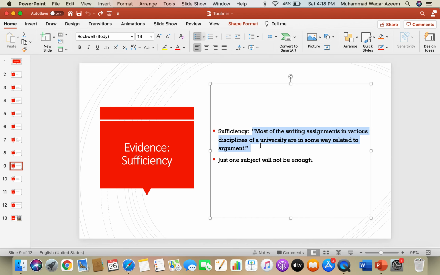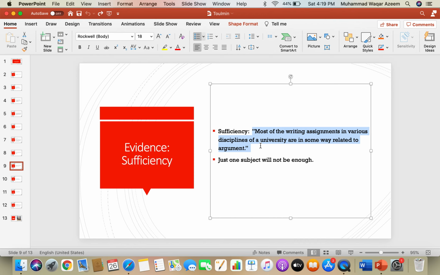So the reason that the writer is giving to support his or her claim takes into account various disciplines of a university. Now, for example, if the writer says that most of the writing assignments in the English department of a university are in some way related to argument, that is why argumentation should be considered an important skill to learn, then that evidence will be a weak evidence.